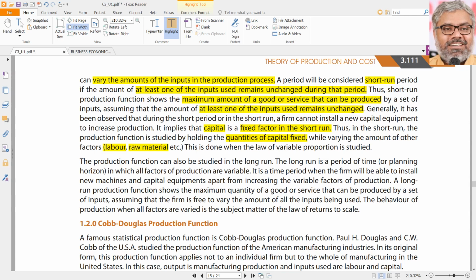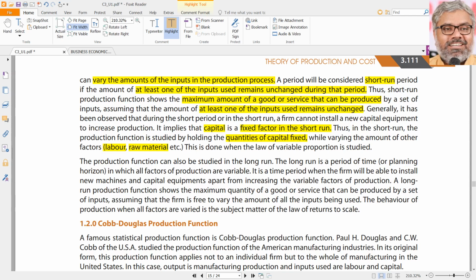So it is not that difficult, though it is not that easy also, to vary the amounts of inputs like labor or raw material. But to change inputs like machinery and equipment, which is represented by capital, that is very difficult in the short run.